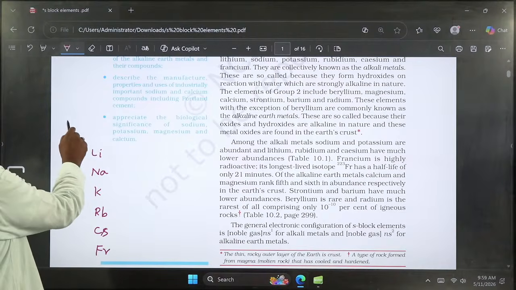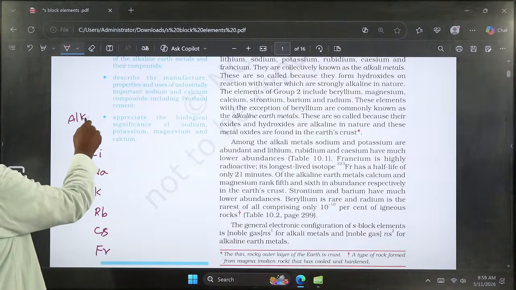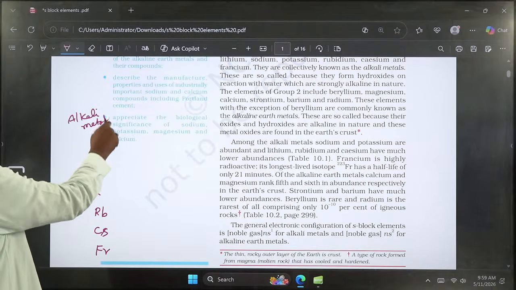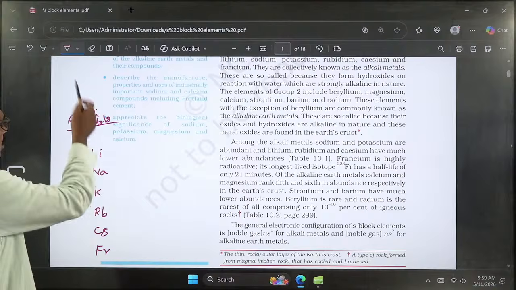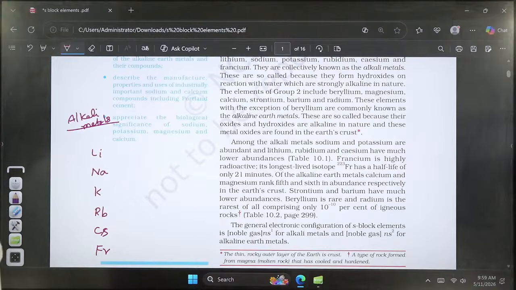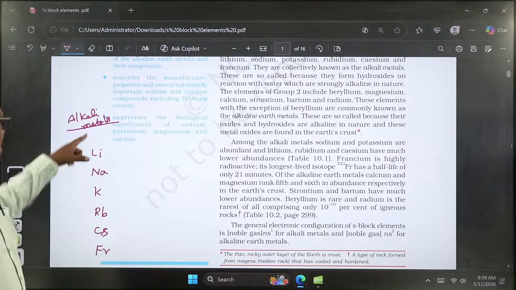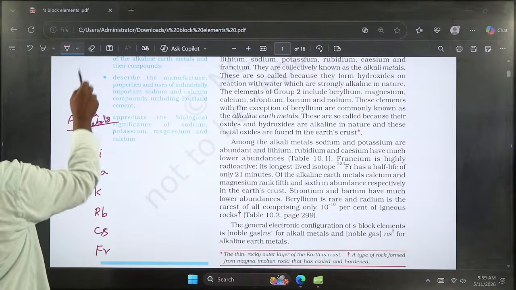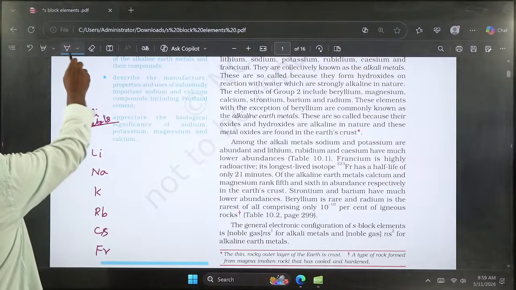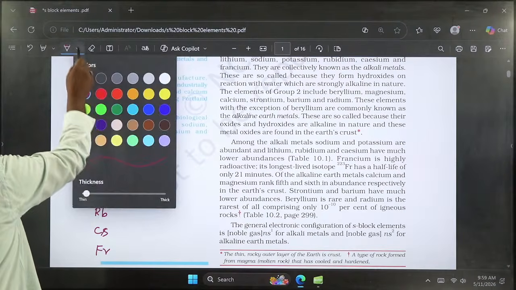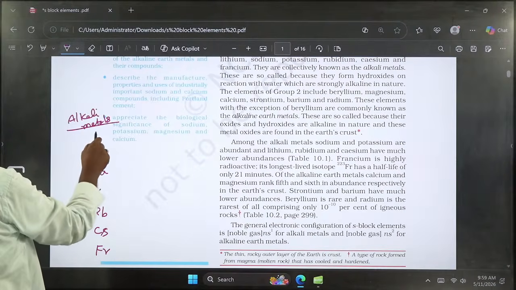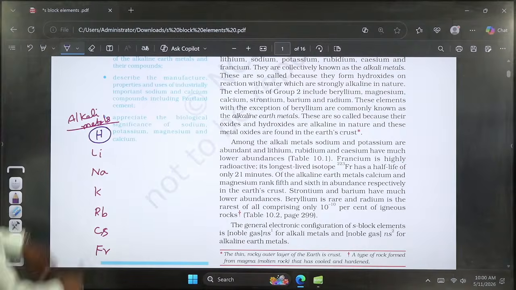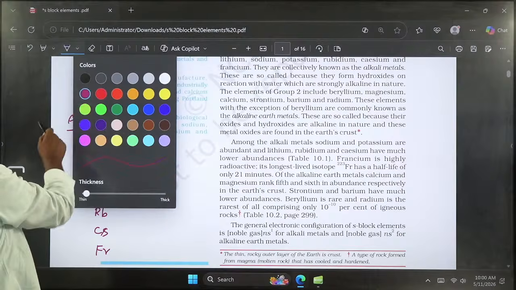These group elements are said to be alkali metals. Actually, based on the configuration, hydrogen is also placed at the top place. But here we are discussing only alkali metals. That's why we cannot mention hydrogen. We left that hydrogen, and the remaining elements are said to be alkali metals.